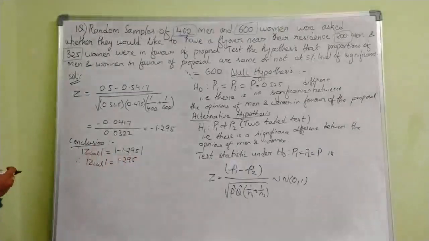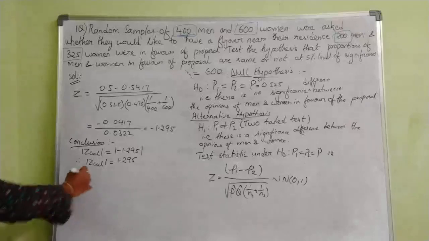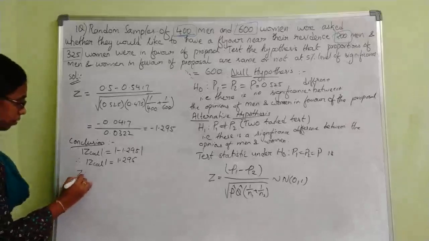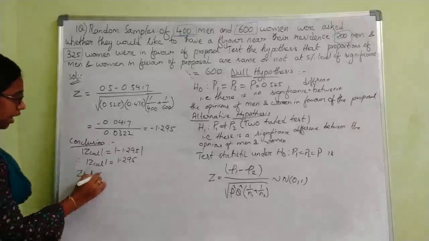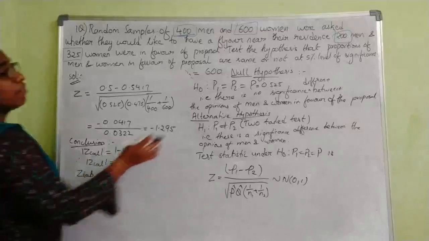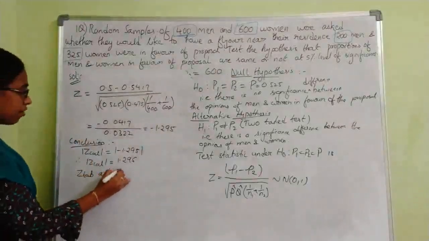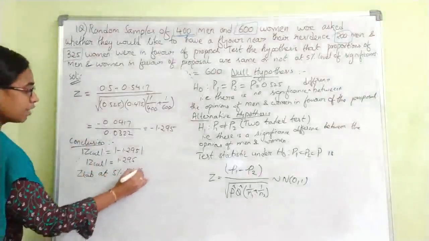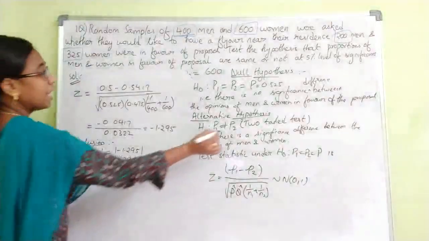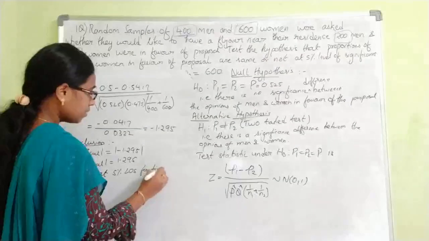So we got the mod Z calculated value. Next is Z tab value. Z tab at what level of significance is specified in the question? 5%. So at 5% level of significance, which tail test is it? Two-tailed test.